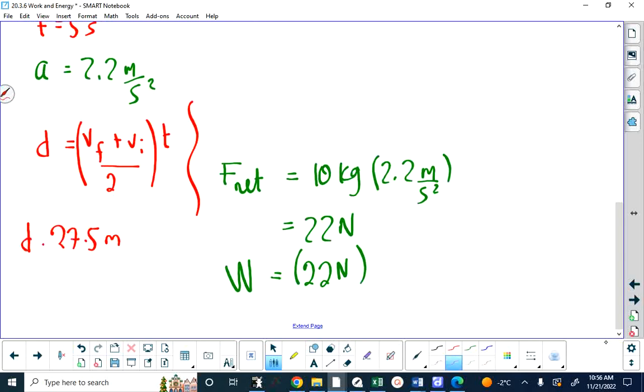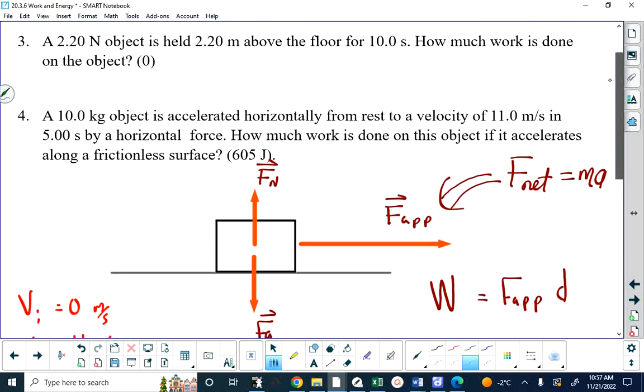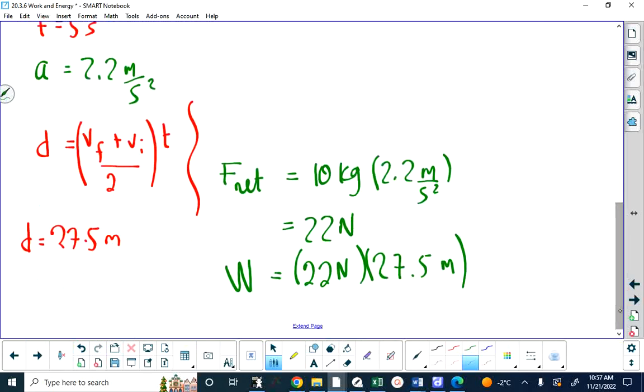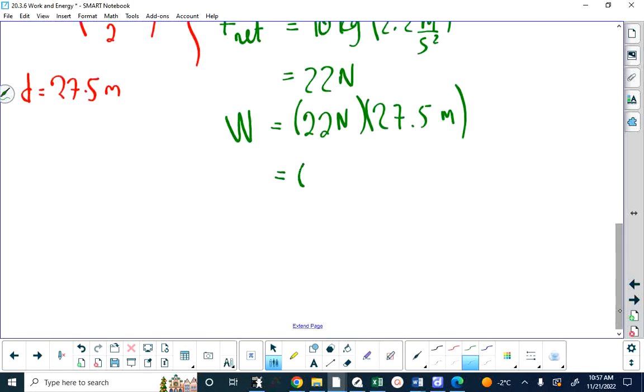This is D. So now I can take the 22 times the 27.5 meters and get an answer: 605 joules. Zahara, is that okay for you? Okay.